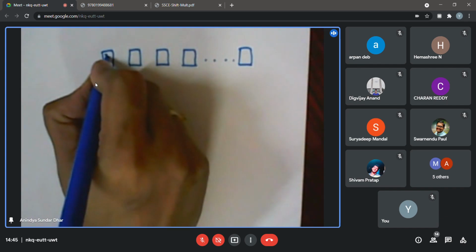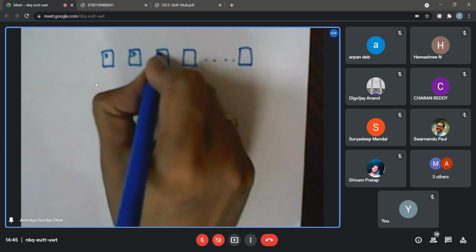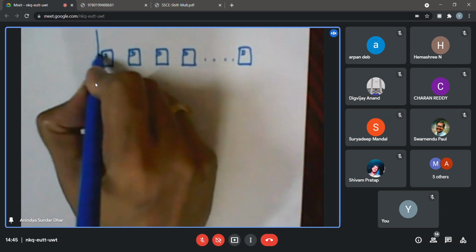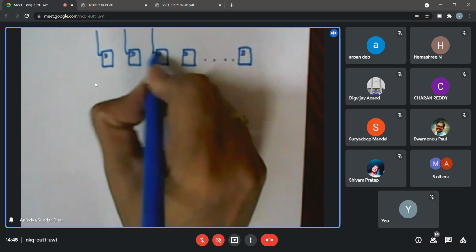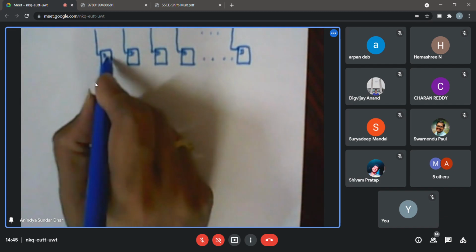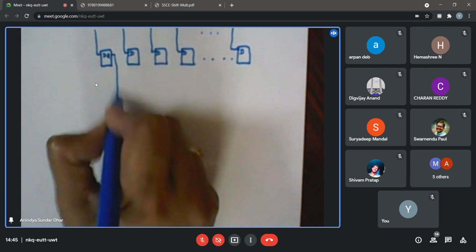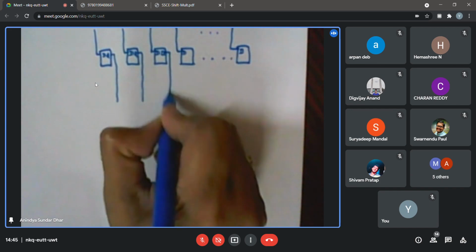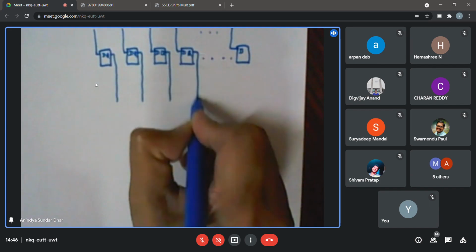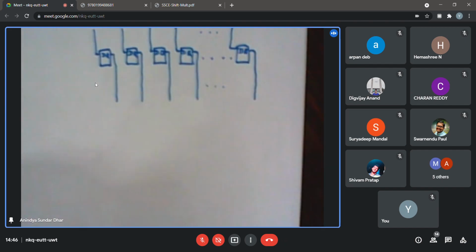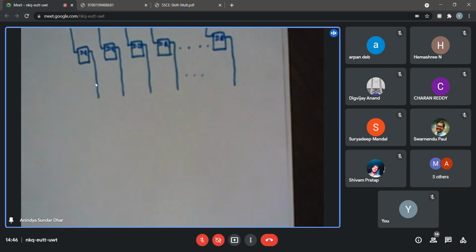The input is D, coming from one side, from the top I am showing. There are 8 inputs for the 8-bit register. And the output Q I am taking down as the output of the flip-flops. So if there are 8 flip-flops, there will be 8 such outputs. And there will be a common clock line.